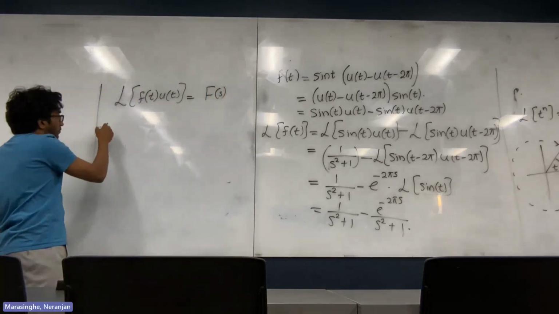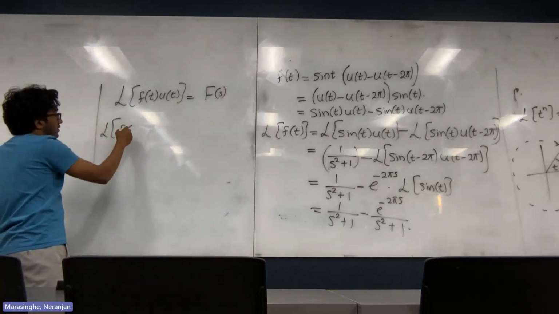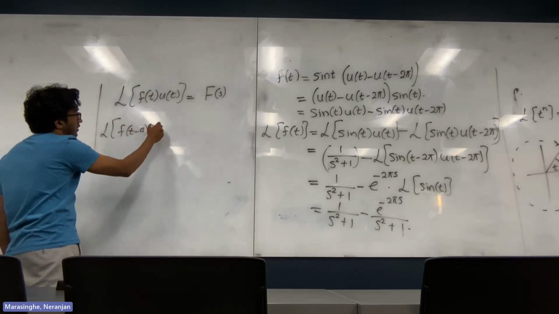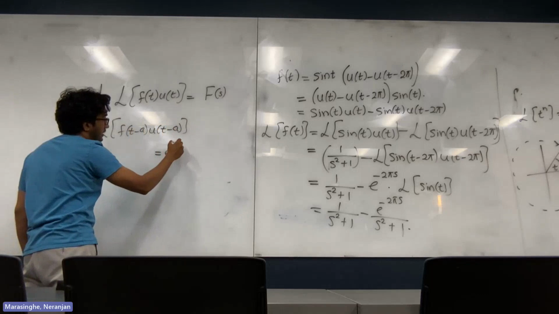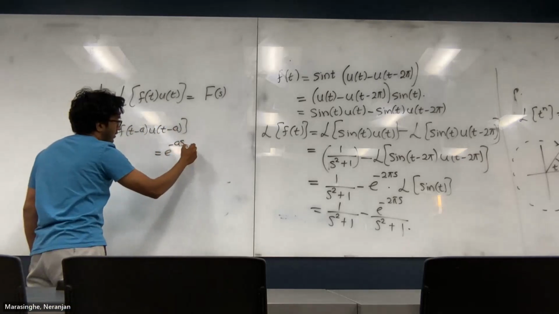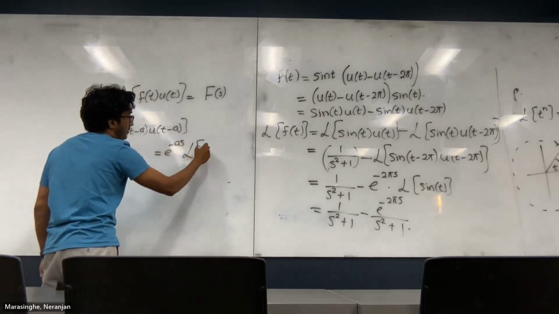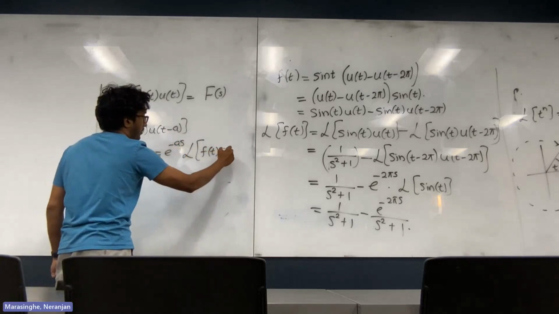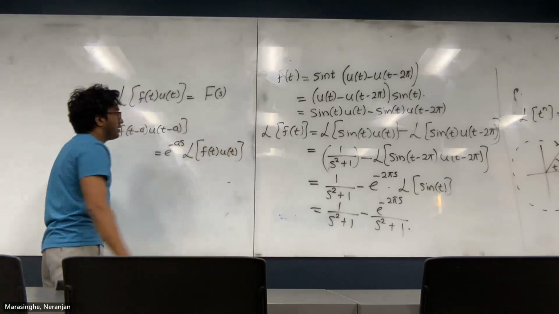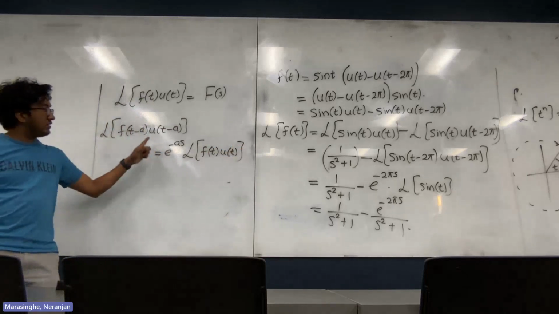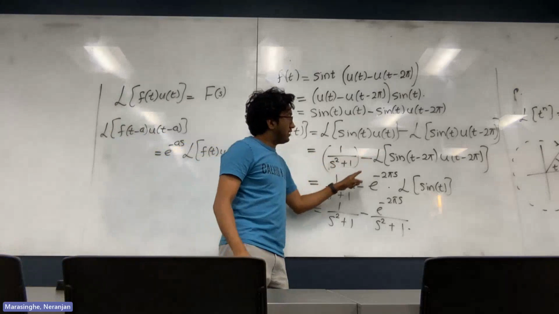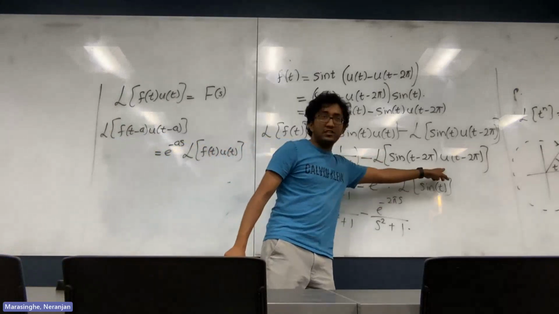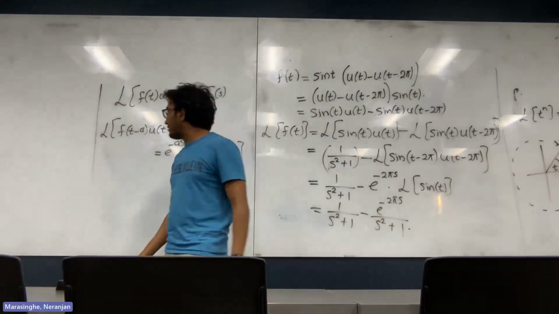Then the Laplace of f(t minus a) times u(t minus a) is going to be equal to e to the minus a s times the Laplace of f(t) u(t). That's what I used here, right? I know the Laplace of sine t times u(t). Then I can write down the Laplace of this function by the second translation theorem.